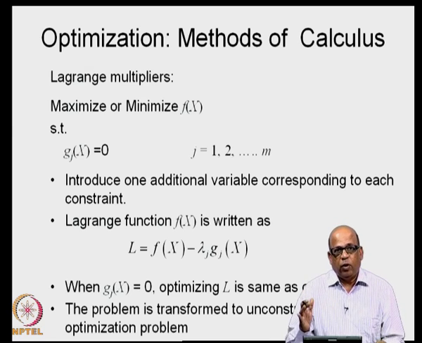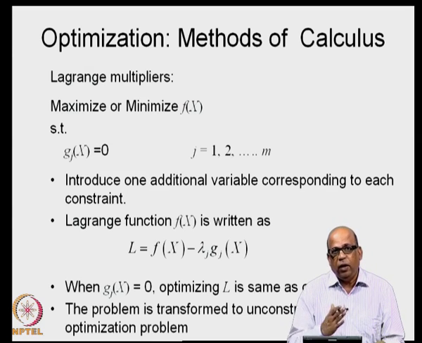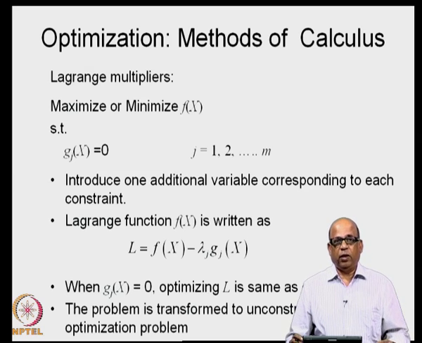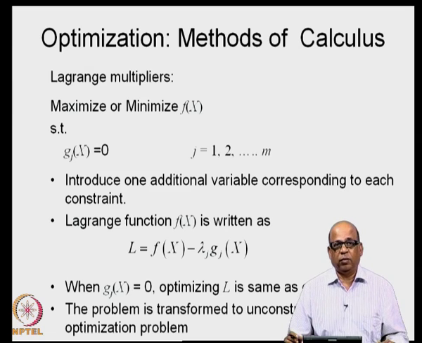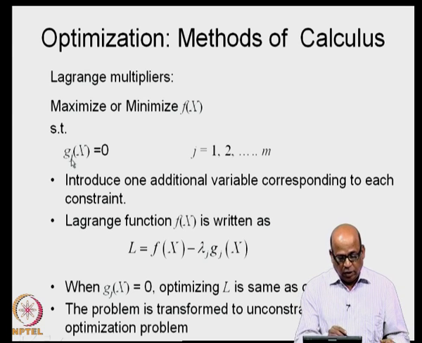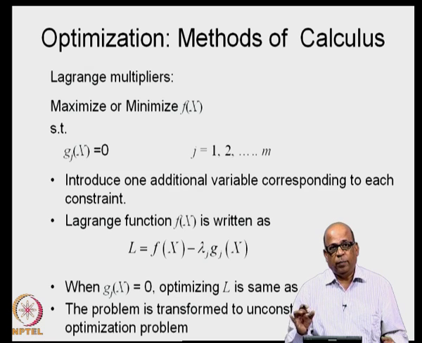We have n number of variables, we have m number of constraints. In the direct substitution method, what we did is we eliminated a certain number of variables. In fact, we eliminated m number of variables. In the Lagrange multiplier method, we add m number of variables, which means we introduce an additional m number of variables. Let us see what we do in this. Corresponding to each of the constraints gj of x, we introduce a Lagrange multiplier.